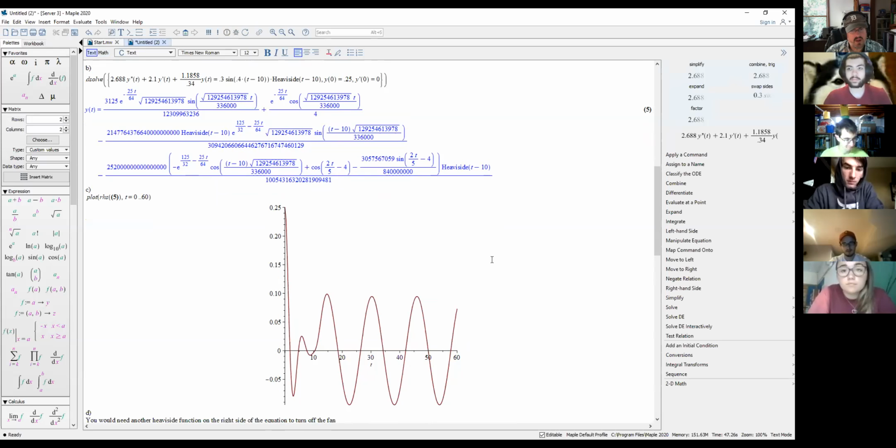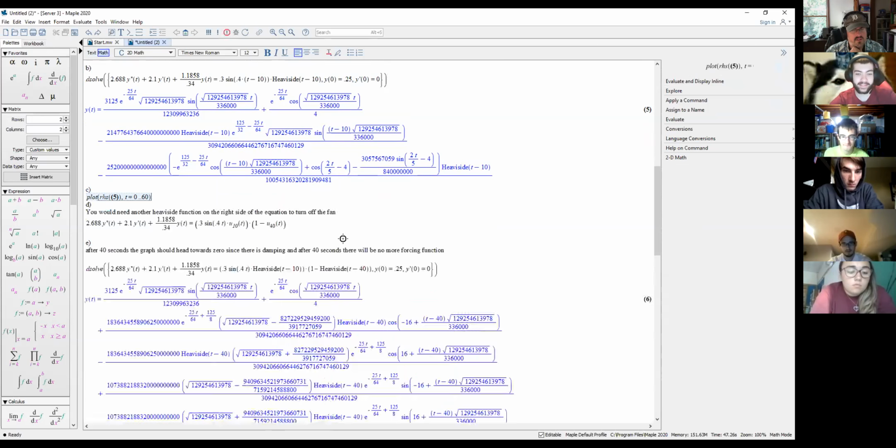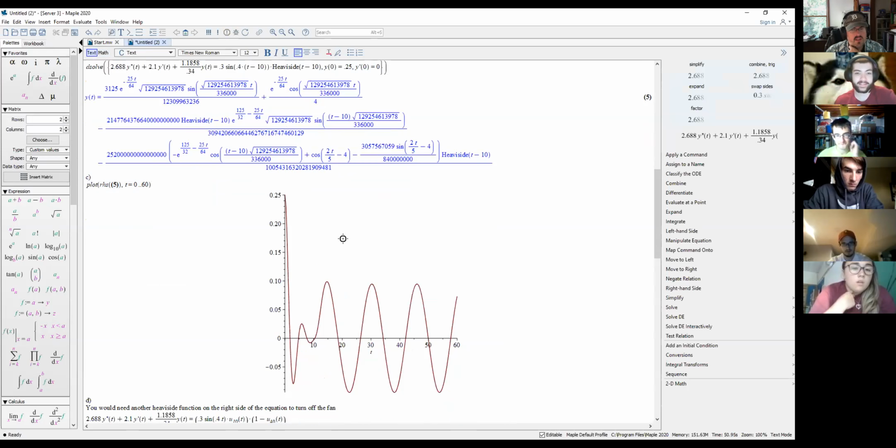So notice the graph looks a little different. But go back, there's Control Z, and I can go back to the other one. Yeah, the graph looks a little different. But in the long run, the argument is this thing is going to behave exactly the same. You've got a damped harmonic oscillator with a periodic forcing function.